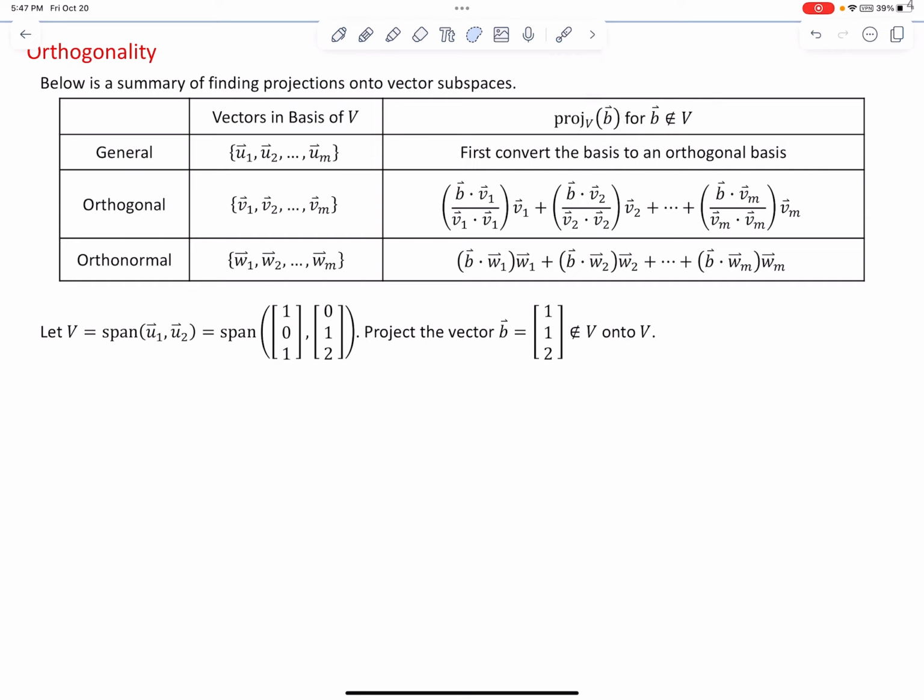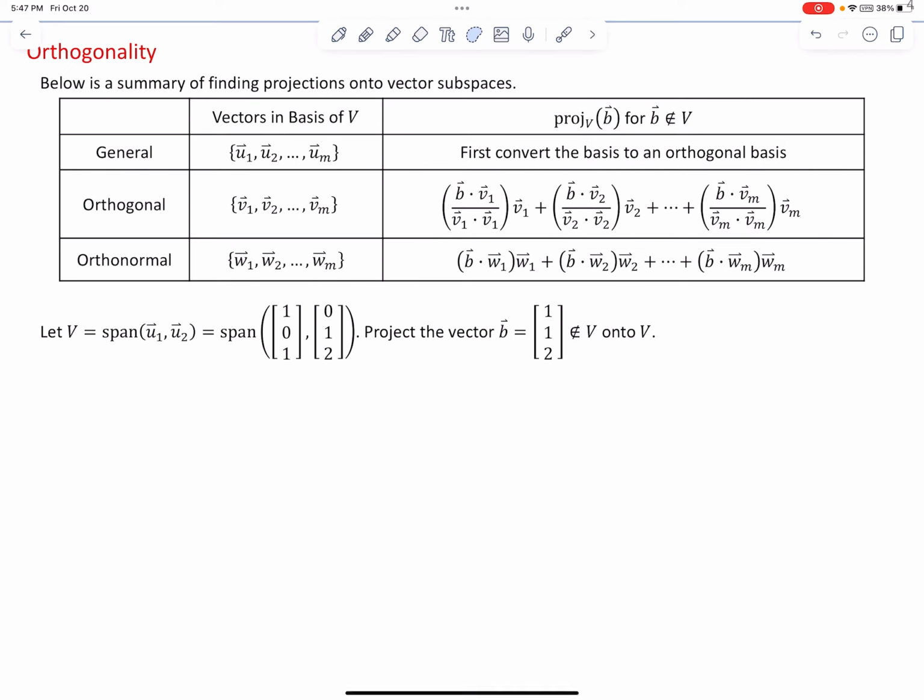If you just have a general basis and the vectors aren't necessarily orthogonal, then we first want to convert the basis to an orthogonal basis before we can use a formula. If we do that, then we can use this formula that we introduced earlier to project vector b onto the vector space. And if we're given an orthonormal basis, orthonormal is still orthogonal, so we could still use this formula but with w's instead of v's.